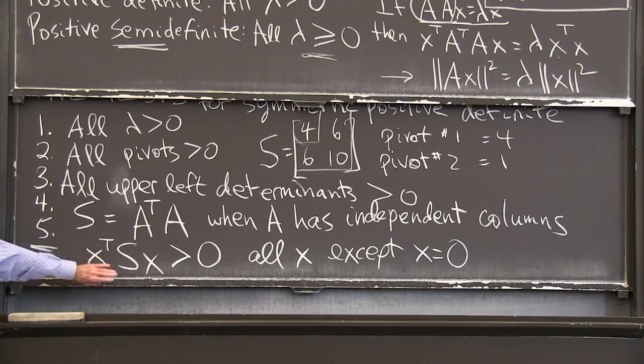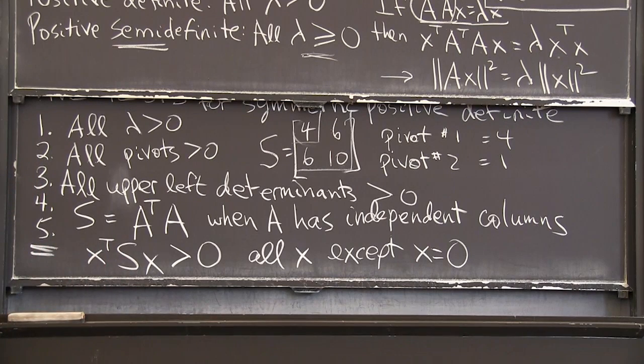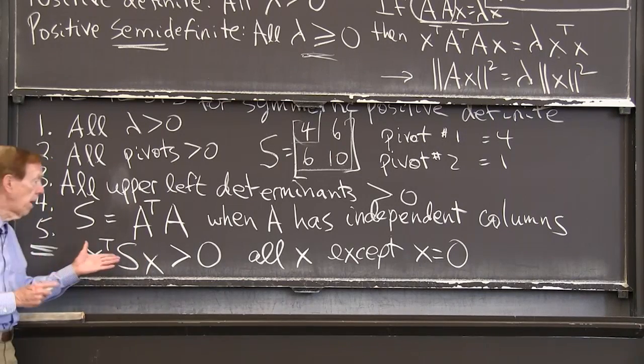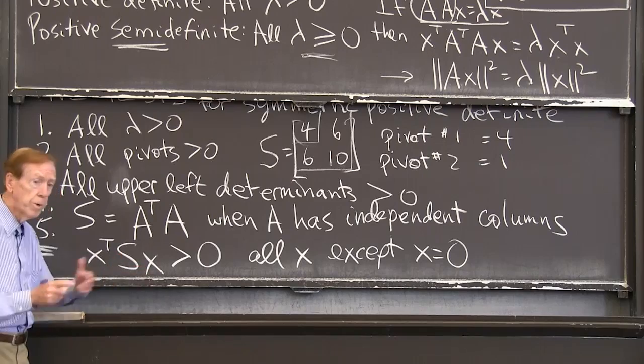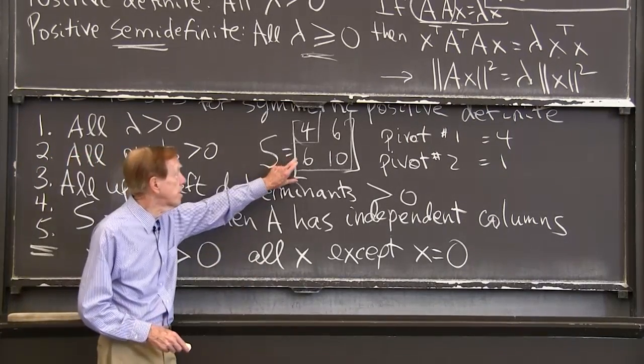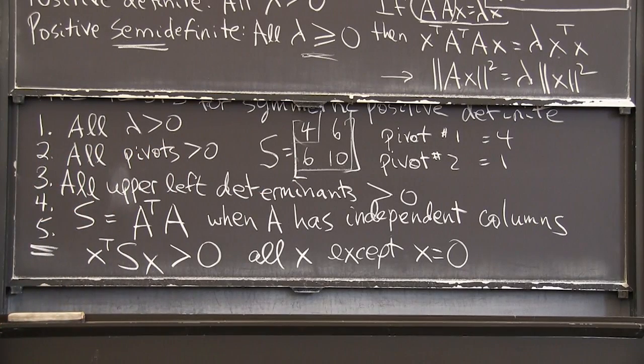And this is associated in applications with energy, so I call this the energy test, or really the energy definition of positive definite, x transpose Sx. I'd like to apply that test. So you'll see what it means. Now we're looking at all x for this particular example.